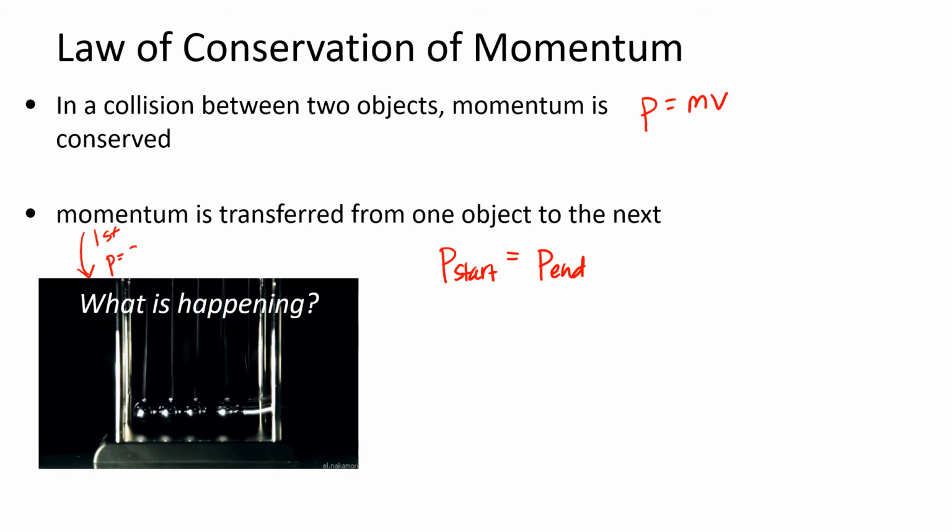Okay, we can say it has a momentum of 2. This ending ball over here, once it's moved, it also has a momentum of 2. Everything is going to be conserved. Now technically, or I guess we should say in reality, okay, some of this transfer is actually going to be lost, okay? However, it's going to be lost due to friction, okay?